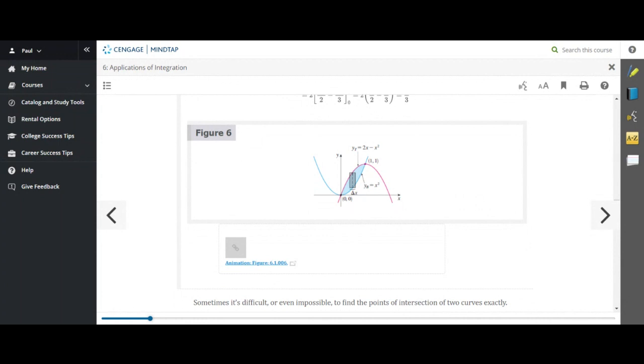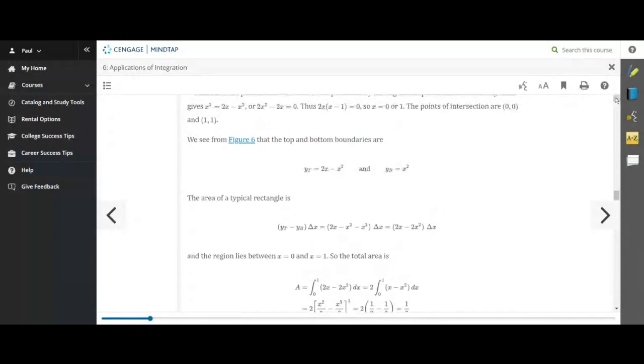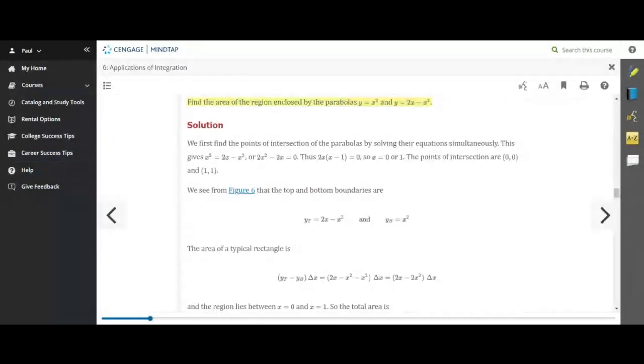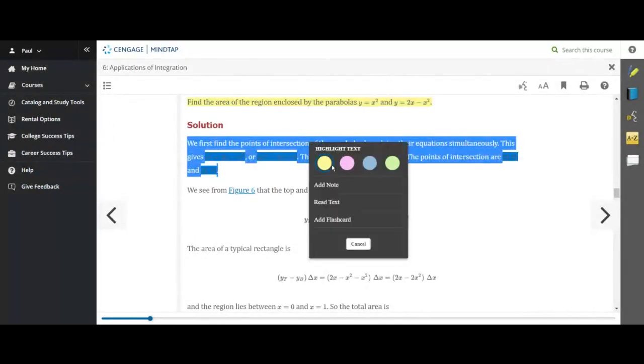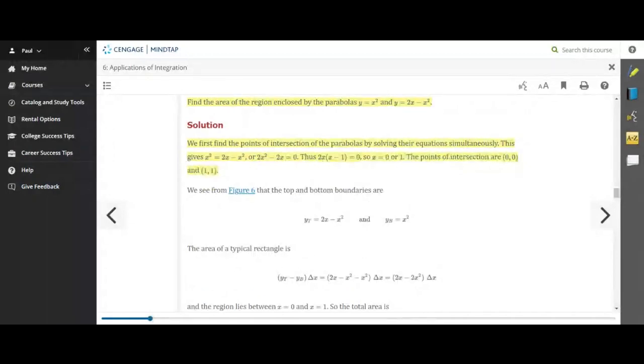Now how do they get that? In the solution, you set the two functions equal to each other to find the points of intersection, because where the two functions intersect, they have the same x values and the same y values.